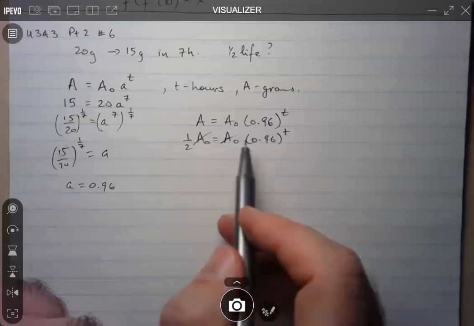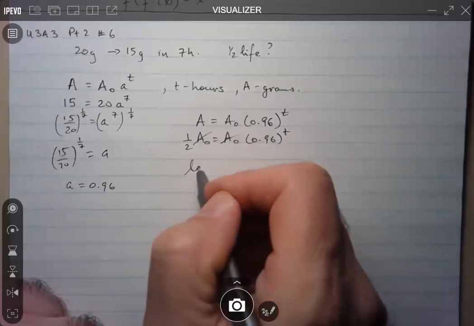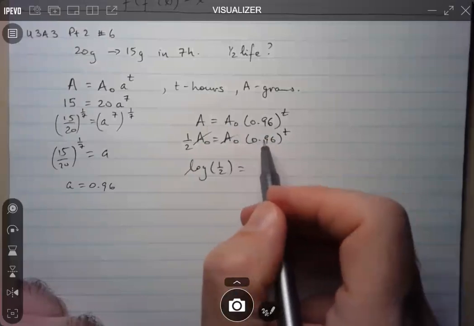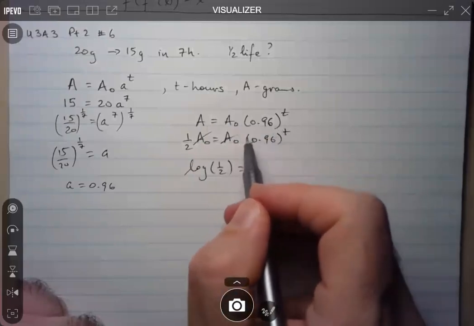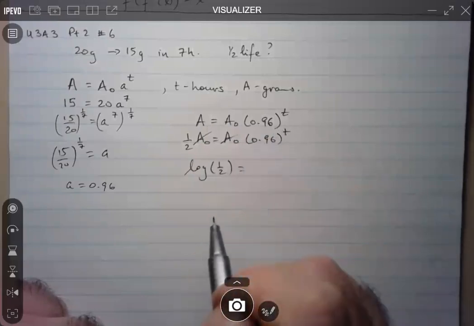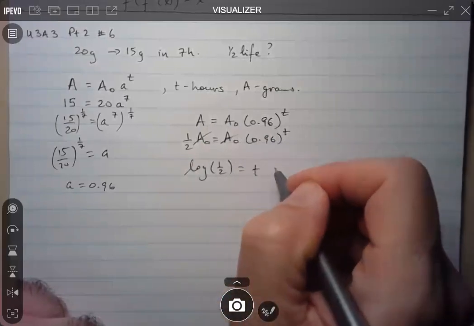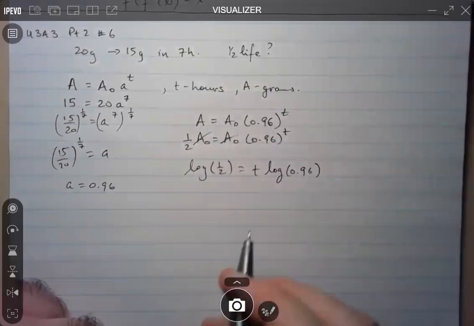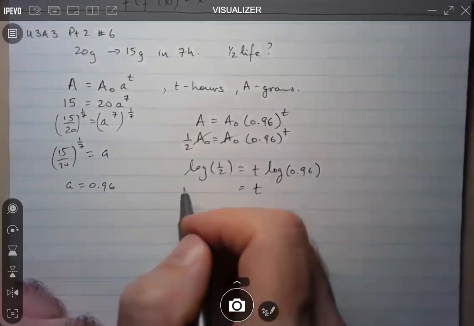I'll solve it by taking log base 10 of both sides. When I take log base 10 of this side, I know I'm going to be able to apply the ski slope rule, so I'm going to allow myself to skip that step. And now I can solve for t.